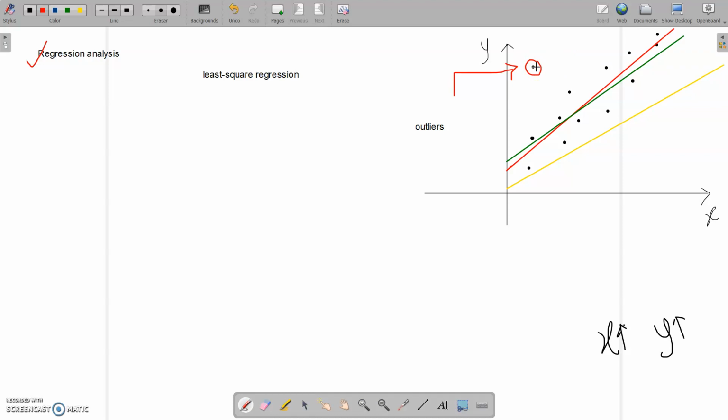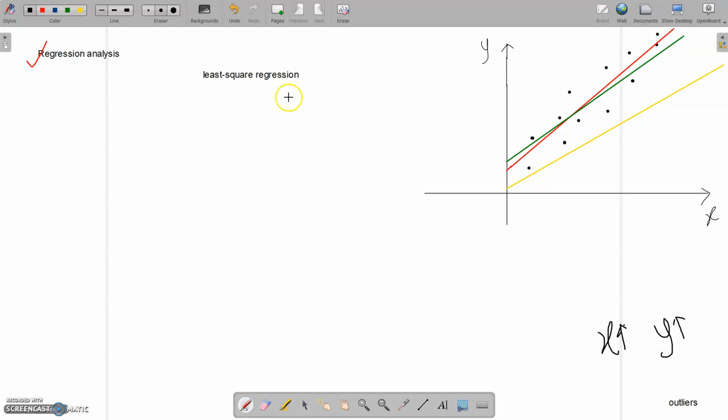This is not included in our discussion, so for now just assume that we remove this outlier. Again there are different methods to deal with outliers, and that is very important when you do this kind of regression analysis, but that is not included, so I am excluding that. Let's keep it this way.